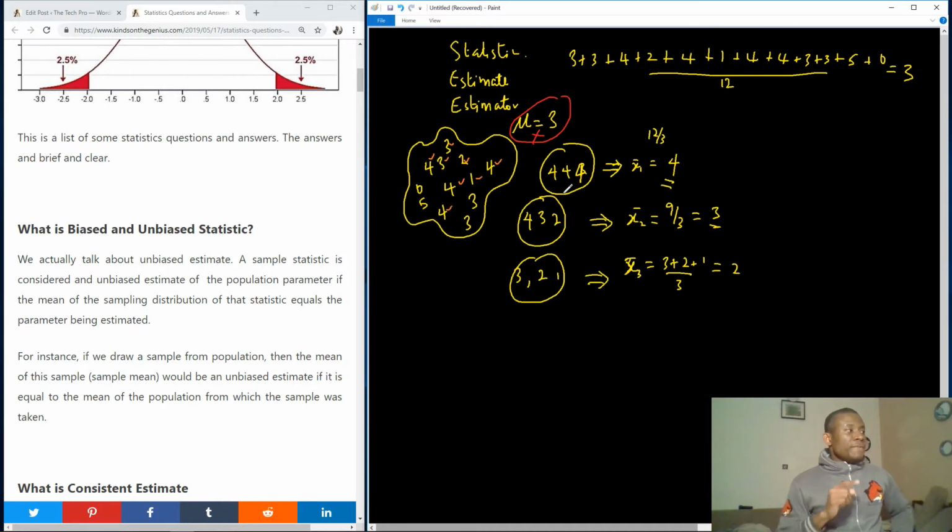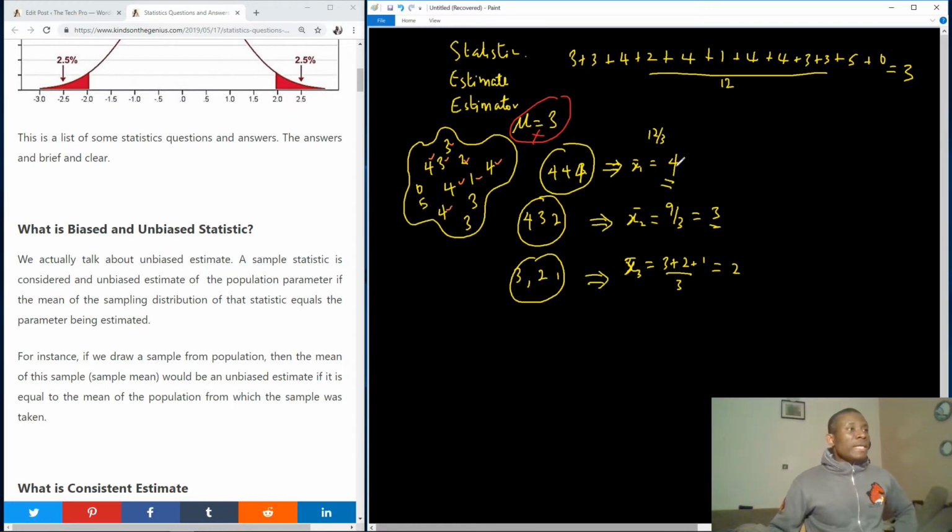Now, if this estimate we are doing is unbiased, then the mean of this distribution, that is the mean of these means, will be equal to the mean of the population.